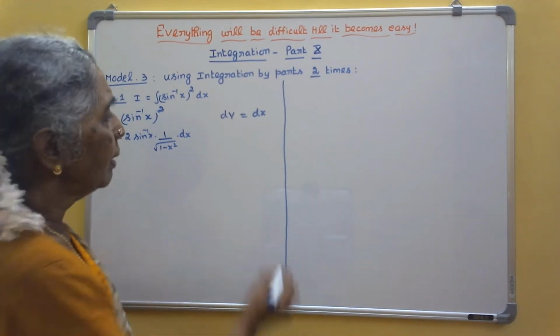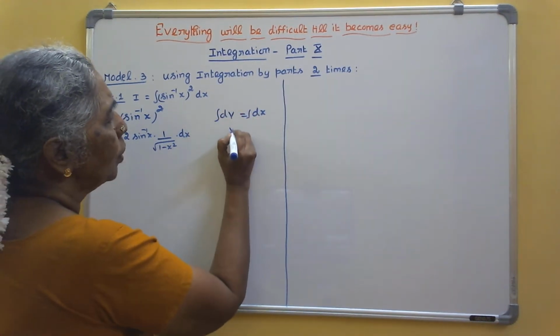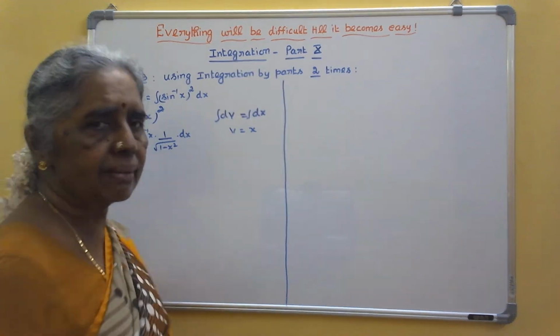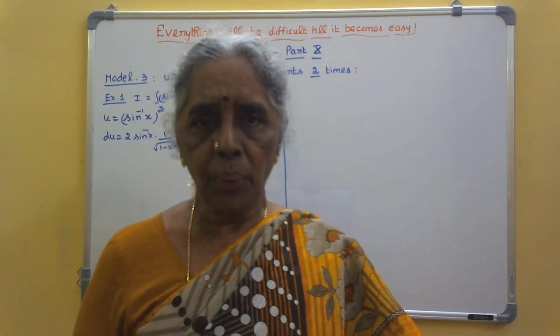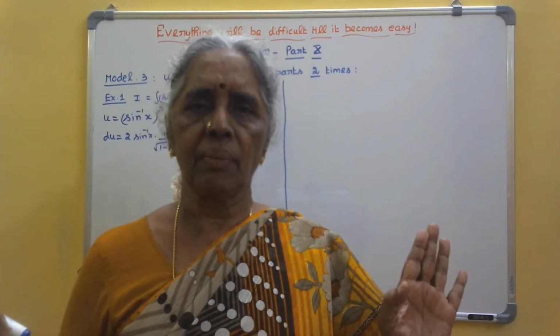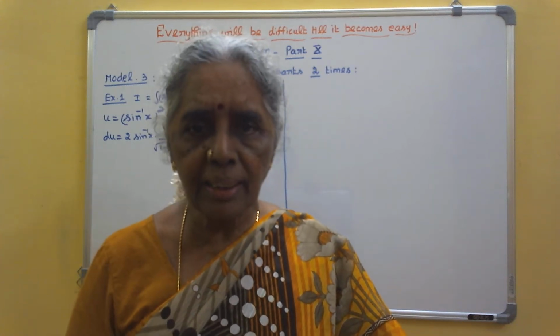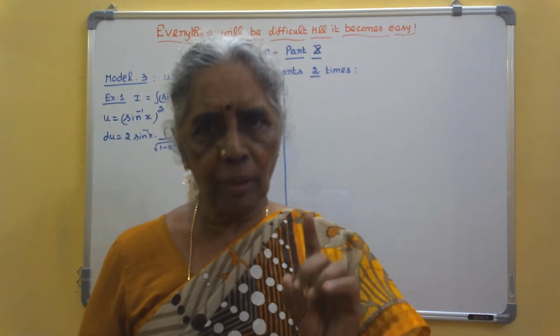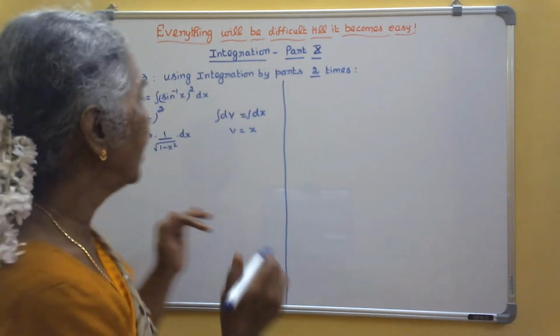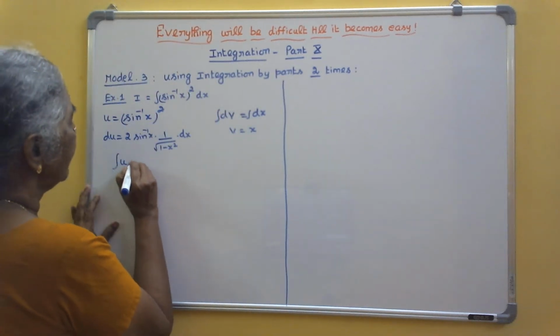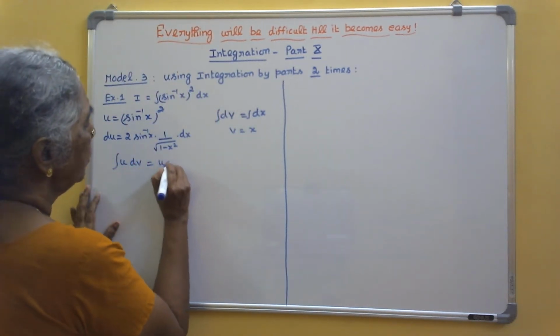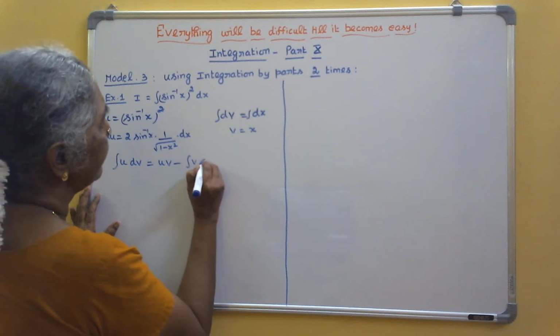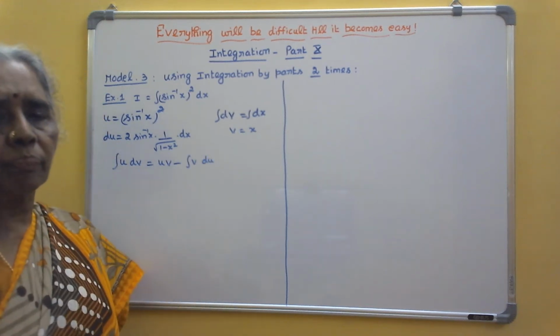Okay, now let us integrate here. You will get v is equal to x. Now you know u, v, du, dv. What is the formula in integration by parts? Only one formula I told you, right? So, integral u dv, that is equal to uv minus integral v du.